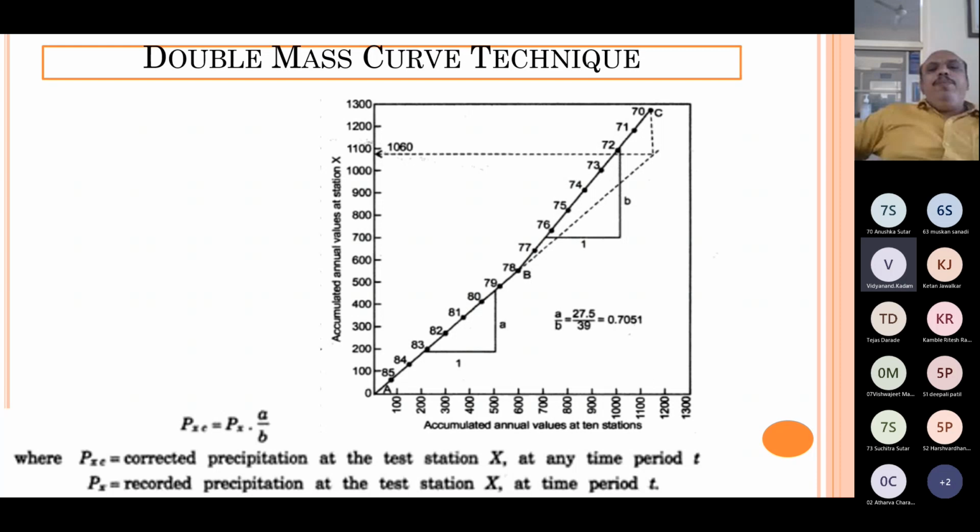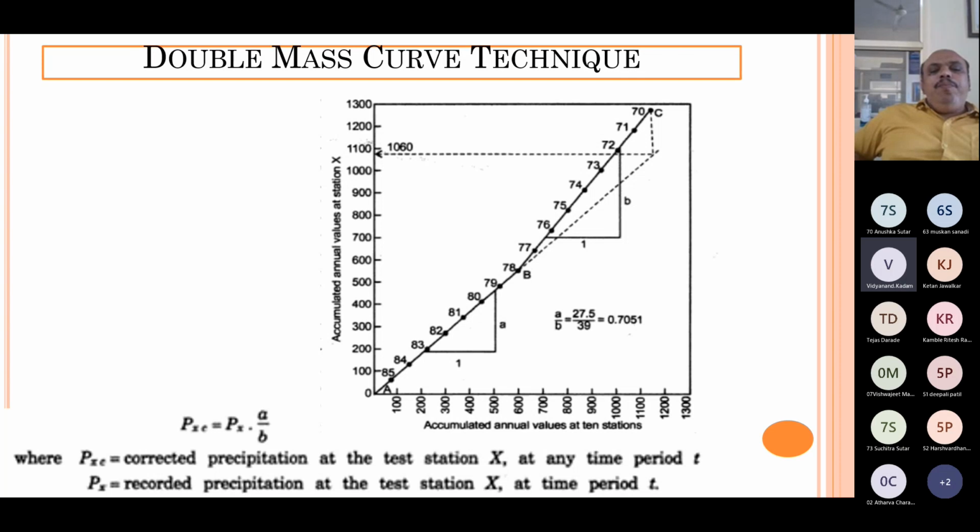Corrected precipitation values after the break are calculated as Pxc is equal to Px into A upon B, where Px is the recorded precipitation value at station X at time period T, whereas Pxc is the corrected precipitation at the test station X at that time period.